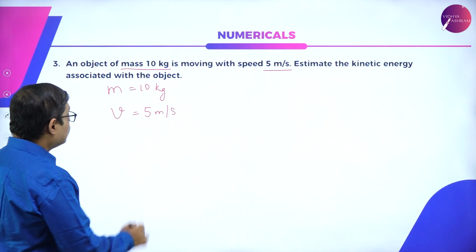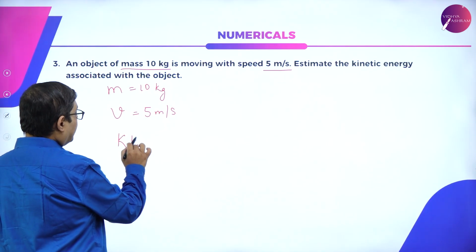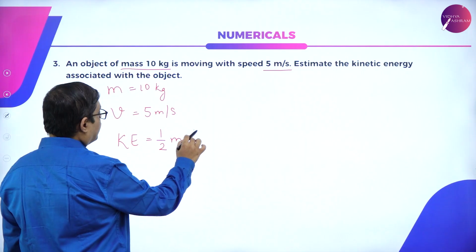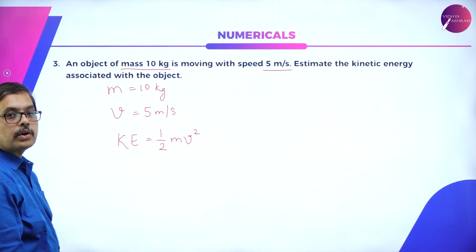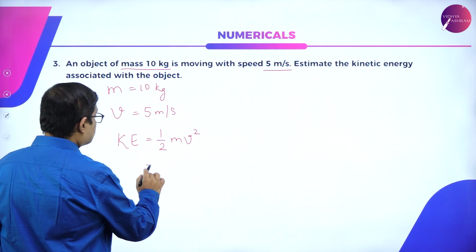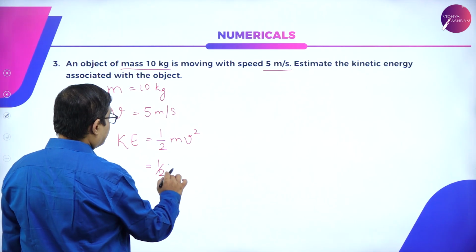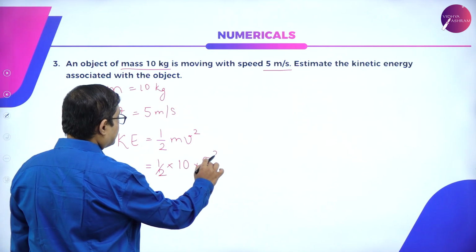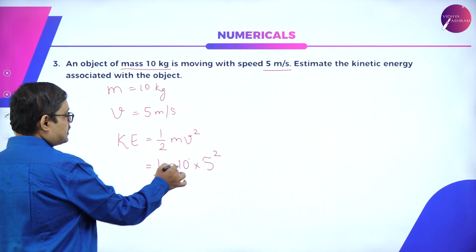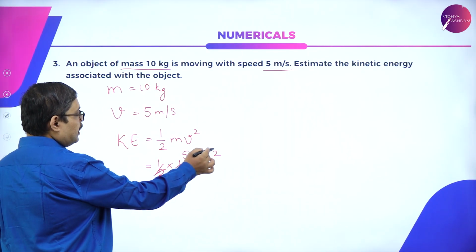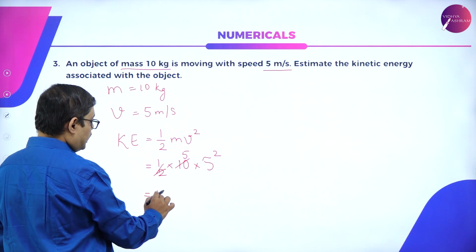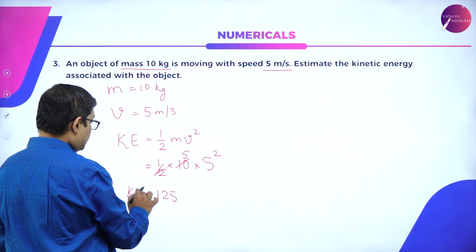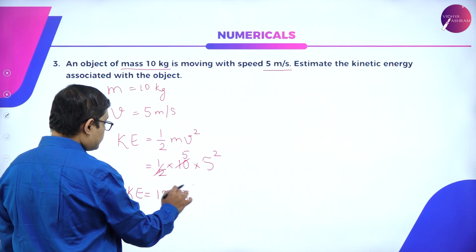We know that kinetic energy is given by half mv squared. Let me substitute for mass and velocity. So this is half into 10 into 5 square. 2 ones are 2, 2 5s are 10, so 5 into 5 into 5 gives me 125. The kinetic energy is 125 joules.